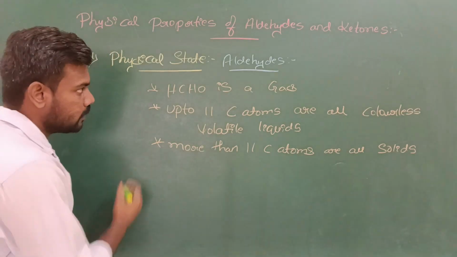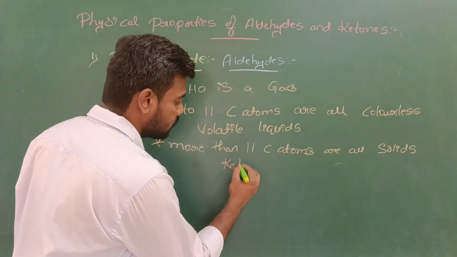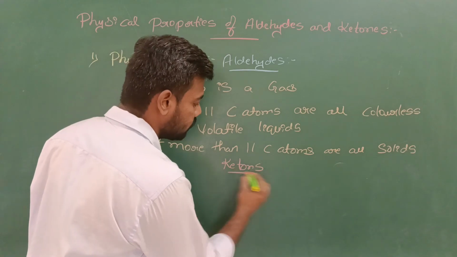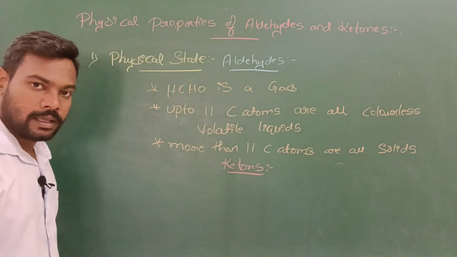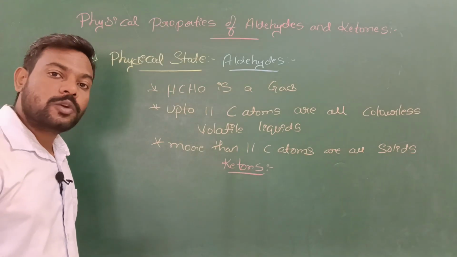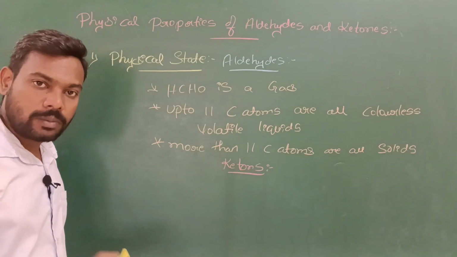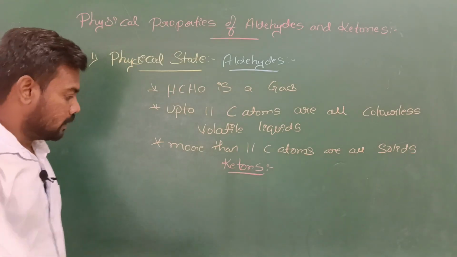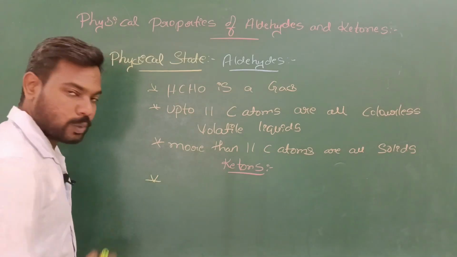Next, in the case of ketones, the ketones which contain up to 9 carbon atoms are all colorless volatile liquids.